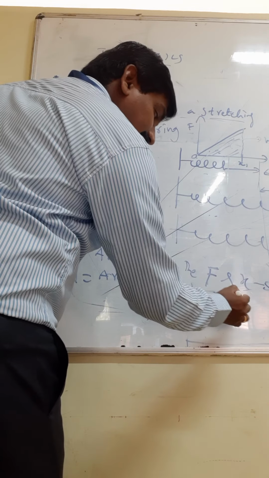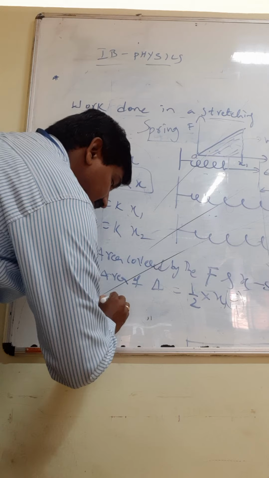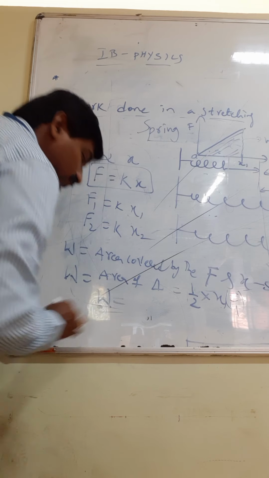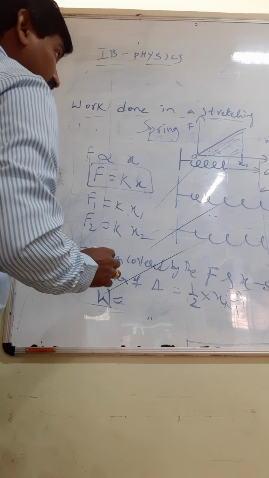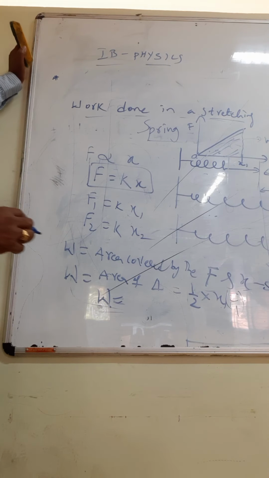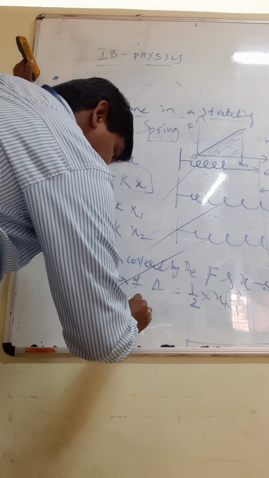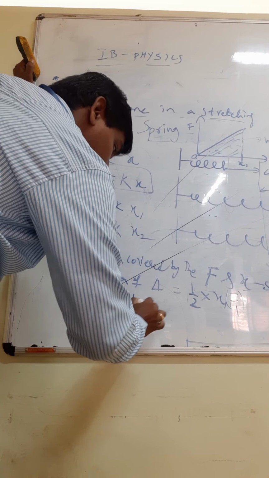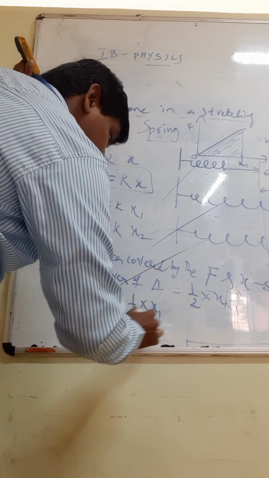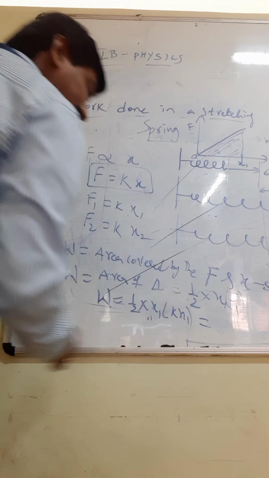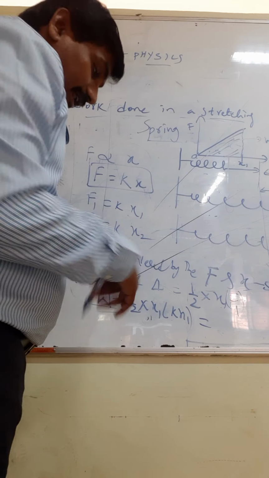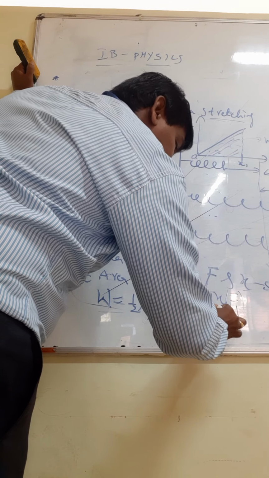So I can write W equal to, where W is the work done by a spring after stretching, half into F1 into x1, and F1 I can write as k into x1.